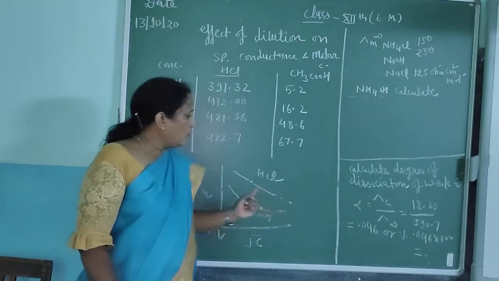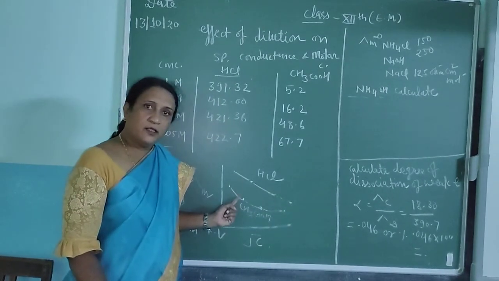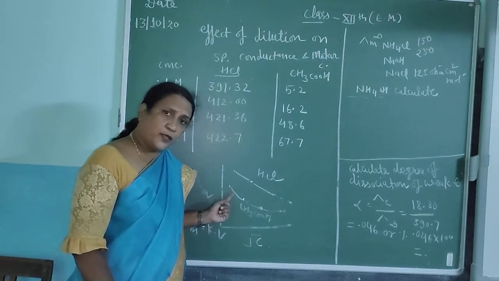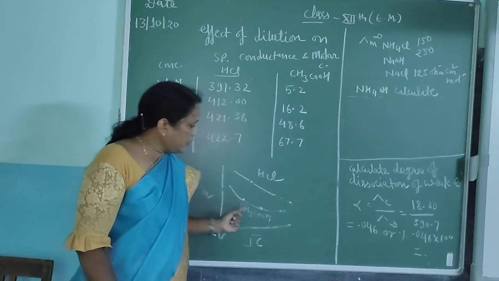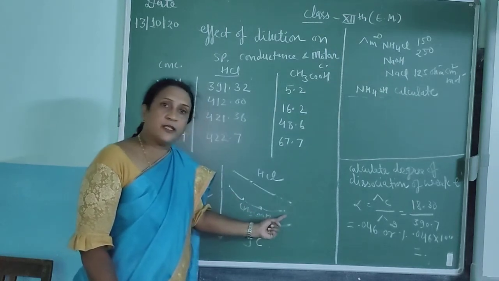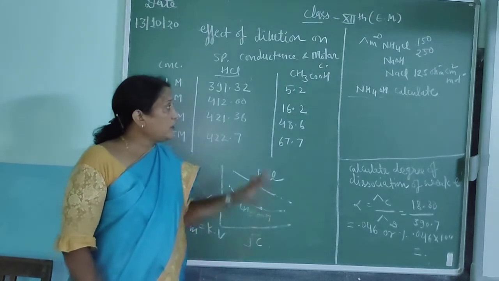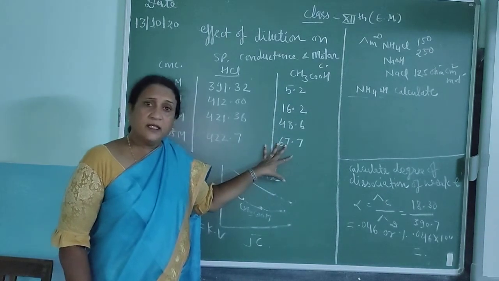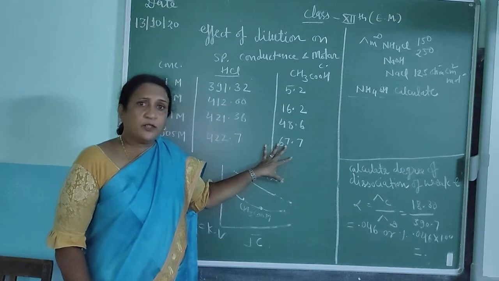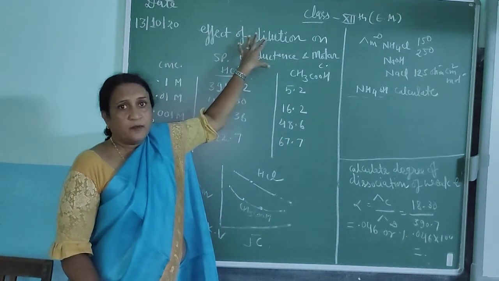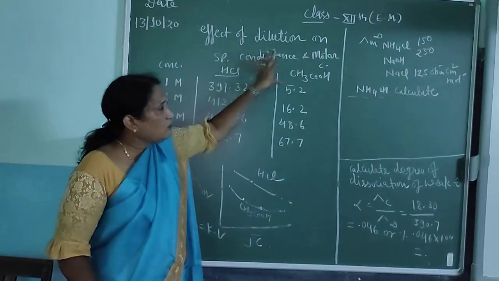But for the weak electrolyte, in the beginning, they have very poor conduction, but as we increase the dilution, their conduction continuously increases. This part is very important and a complete question can be there: the effect of dilution on specific conductance and molar conductance.